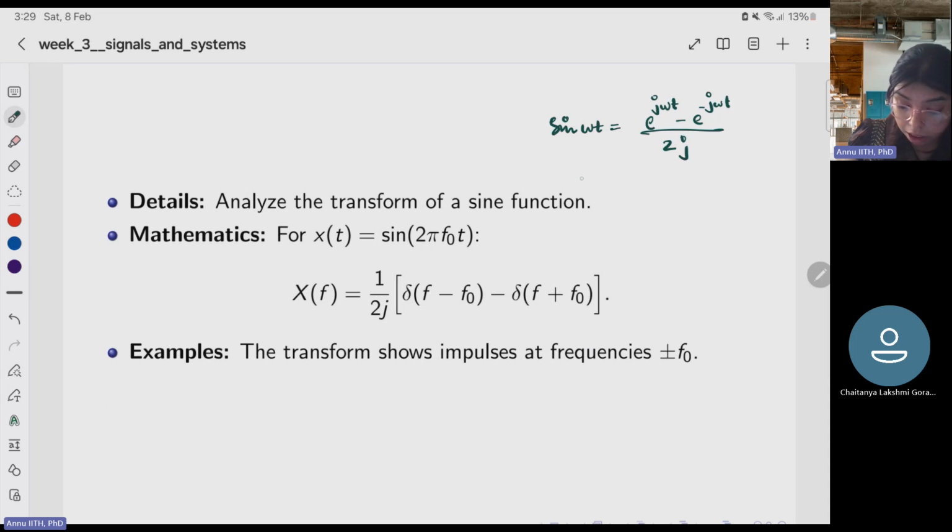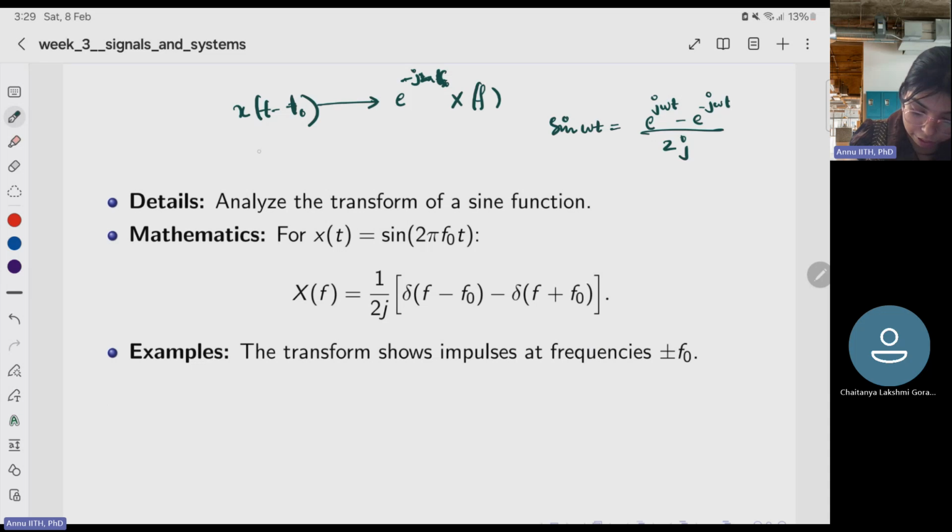And we know that if we shift in the time domain, x of t minus t naught, it becomes e power minus j 2 pi f t naught times x of f.